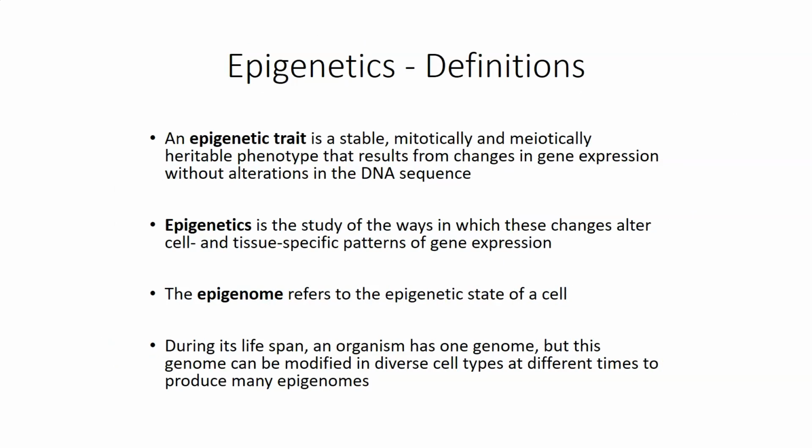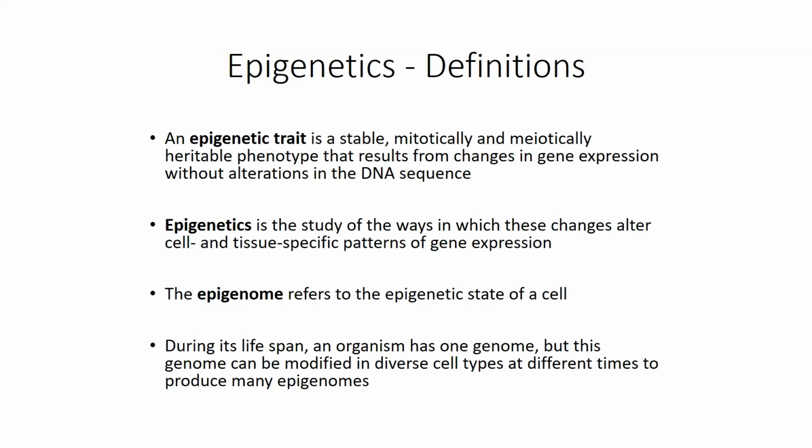Just some definitions related to epigenetics itself. An epigenetic trait is a trait that is stable through cell division, that results in change in gene expression, but it doesn't change the DNA base sequence. Epigenetics is the study of how these epigenetic modifications come about and how they can change gene expression.